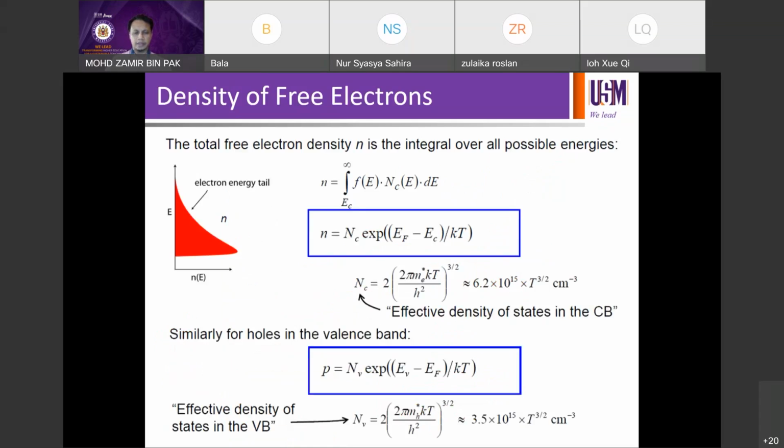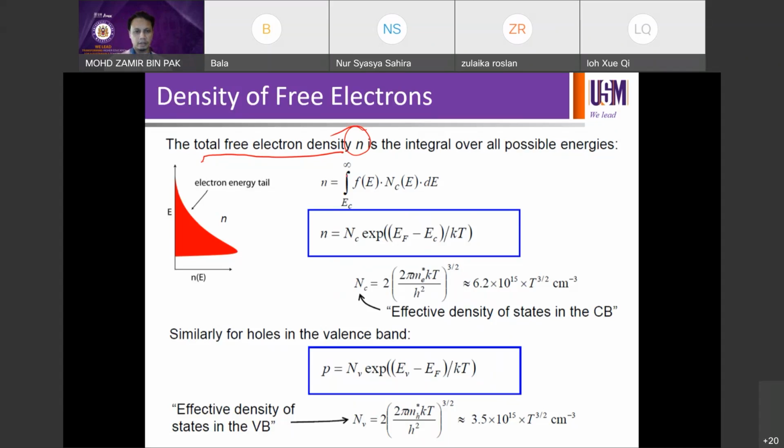The total free electron density, or density of free electrons, is the very same thing. N or n is the integral over all possible energies within the DOS, the allowed energy states. As long as you have any states allowed for them to occupy, they will occupy, and that will eventually give you n, right?